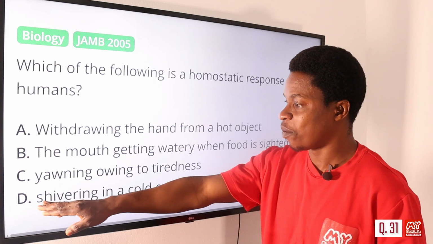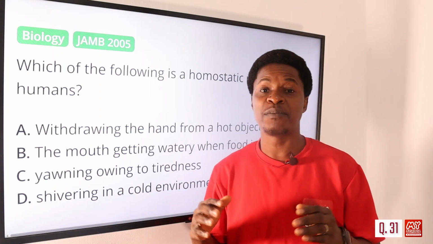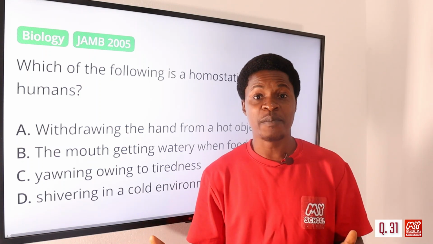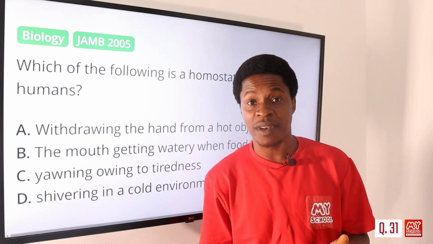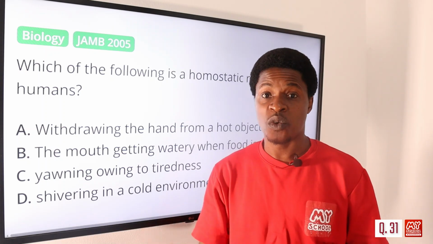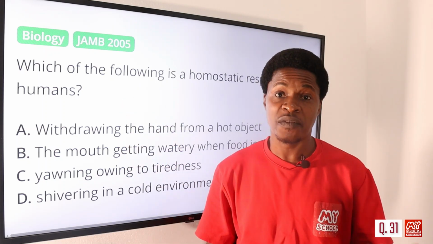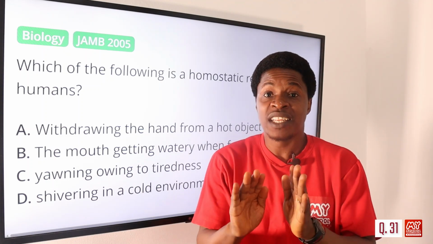But if you look at option D, shivering in a cold environment, okay? When the environment becomes so cold, the internal environment begins to respond and say, "Oh, there's cold." Then you need to get a blanket or the duvet to cover up your body, or switch off the AC or the fan so that your body can come back to the normal room temperature.